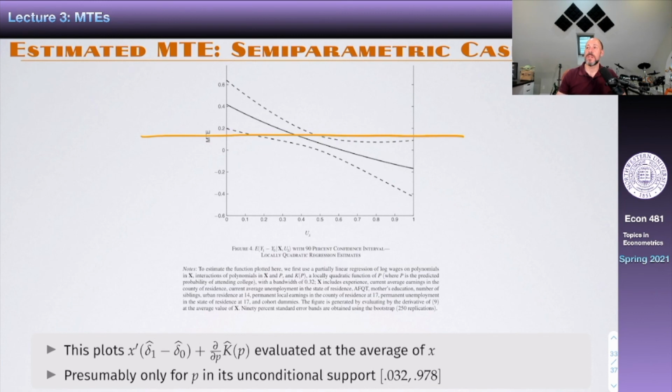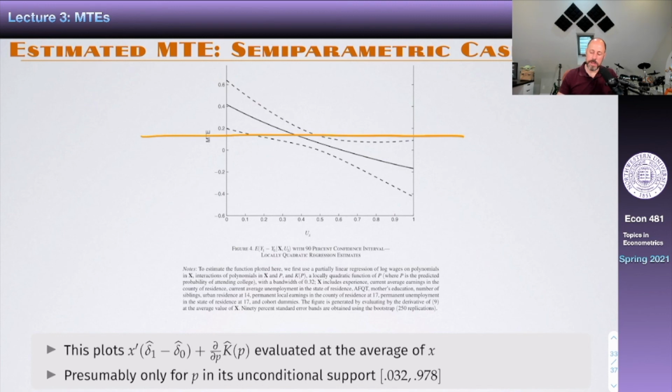Here you see that the marginal treatment effect is not flat, which is giving you the obvious indication that in this context, selection on non-observables is an issue. There's evidence of that by just looking at the slope of the marginal treatment effect.